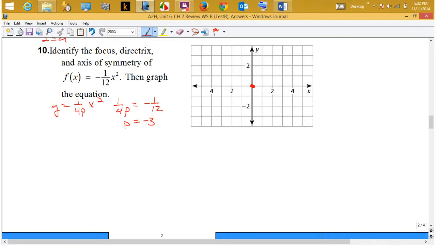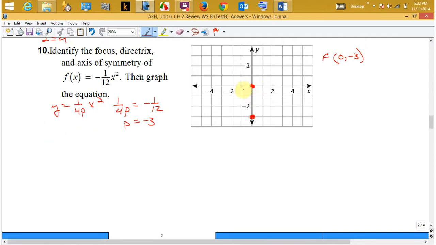Okay, so the focus of this, well, let's go ahead and graph it first. So P is a negative 3. It's going to open downward because it's y equal to negative x squared. So my focus, if here's my vertex, would be downward 3. So here's my focus. So my focus is going to be at (0, negative 3).